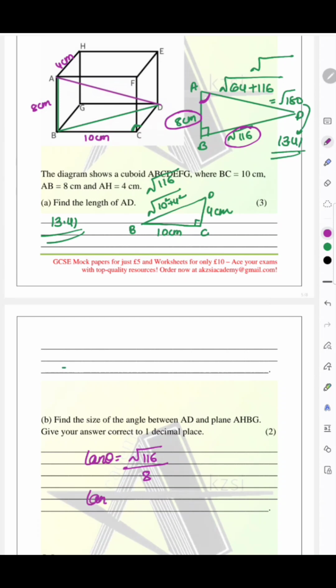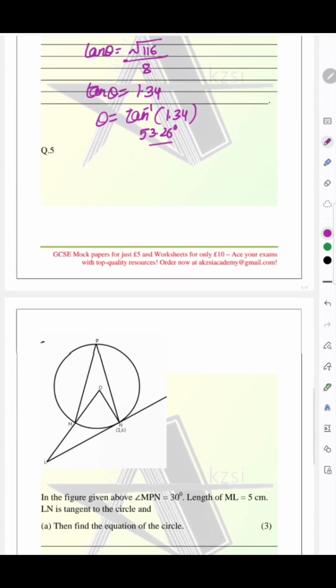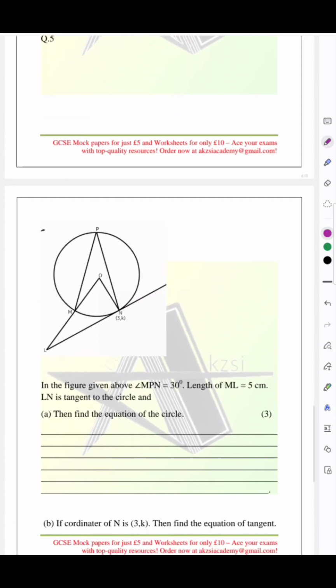This equals 1.34, and theta equals tan inverse 1.34, which will give you 53.26 degrees. So these were the 4 questions, and now the last one, which is the 5th question.